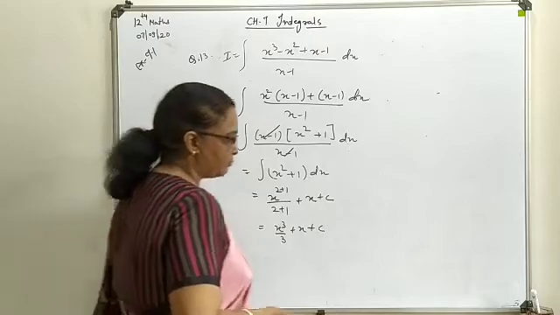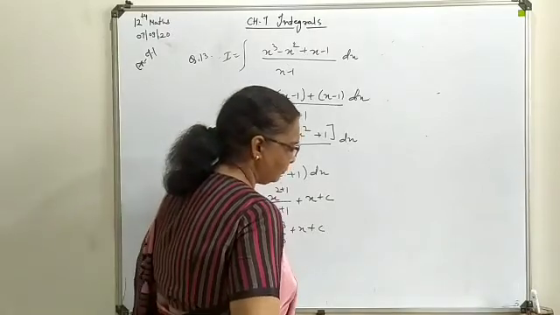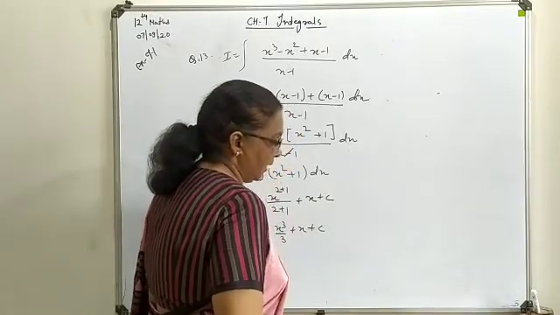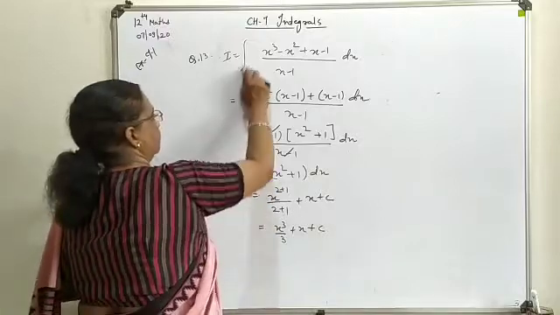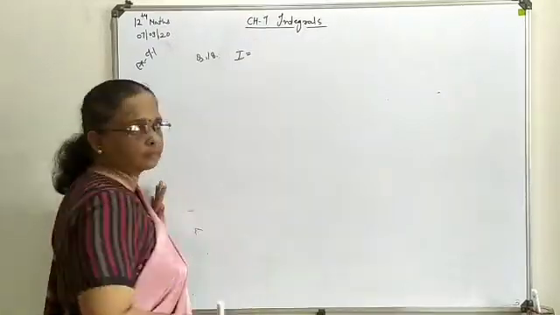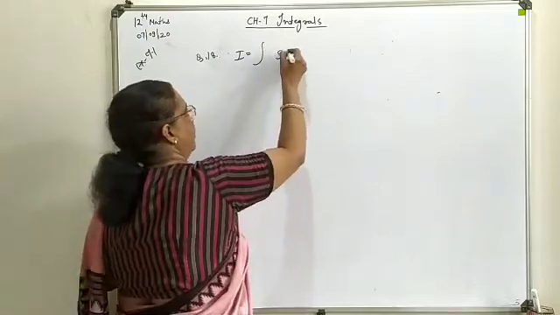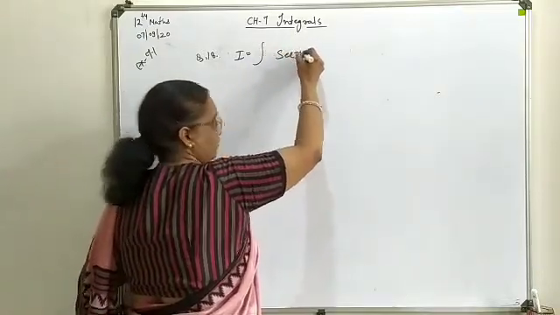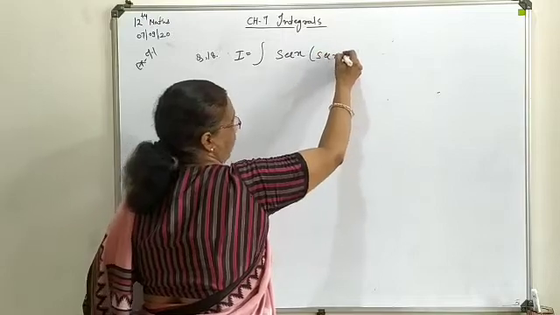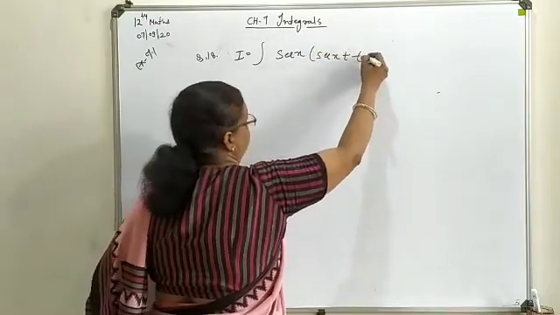Now we look at question number 18. Your question number 18 is available with the trigonometrical combination, sec of x, plus tan of x.